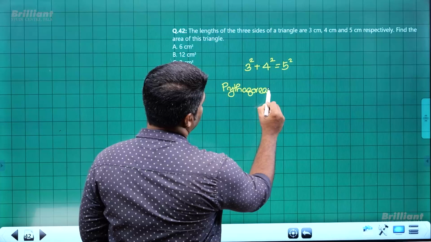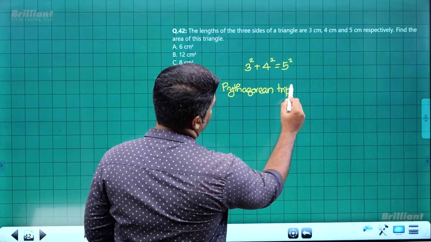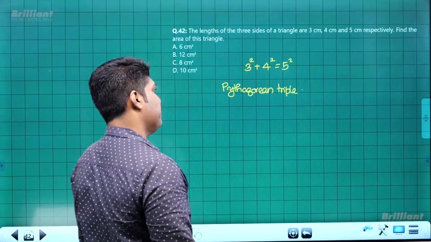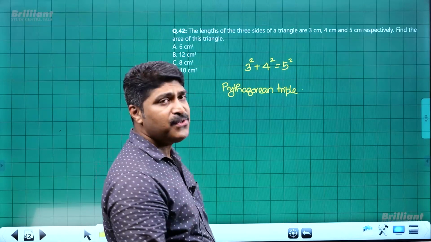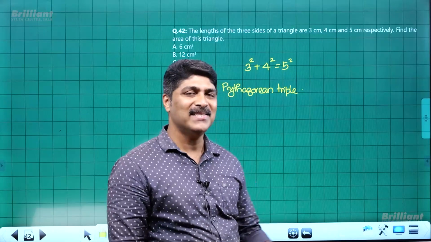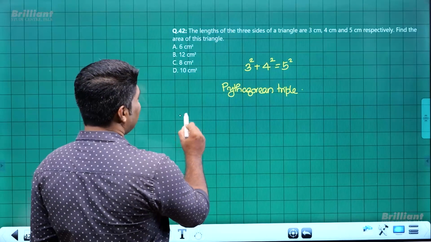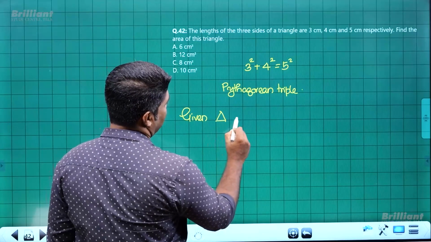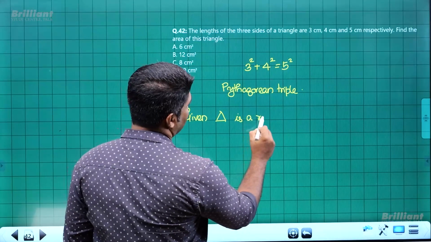These types of numbers are called Pythagorean triples. Therefore, what's the inference here? Which type of triangle is it? So therefore, the given triangle is a right-angled triangle.